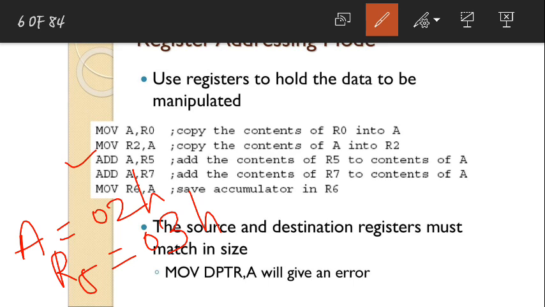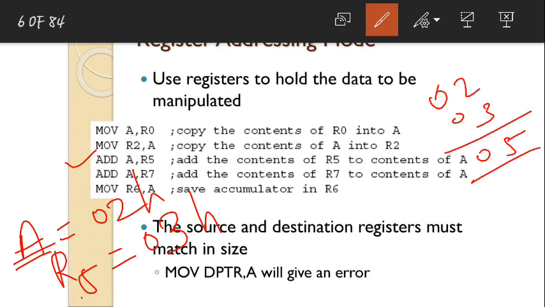A is having some value before execution. I am talking about this register. A is having 02 and R5 is having 03. So 02 and 03 will be added. The result after addition, you will get 05. After execution of this, you will get some result after operating using the ALU, and that result will be stored in the destination.